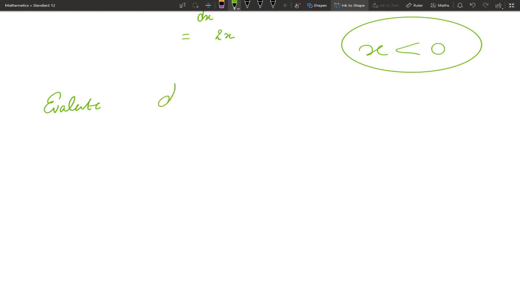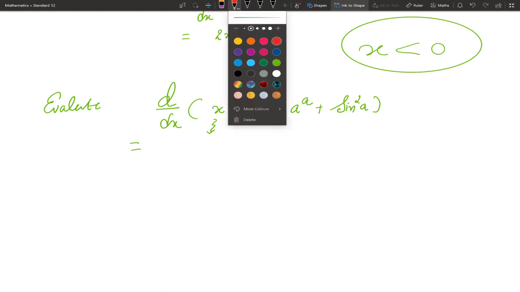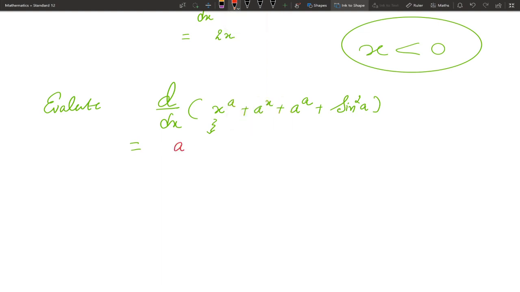Evaluate d by dx of x raised to a plus a raised to x plus a raised to a plus sine square a. Here, for x raised to a, the derivative is a x raised to a minus 1.